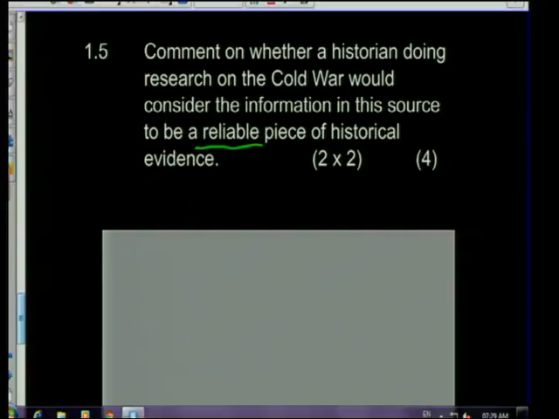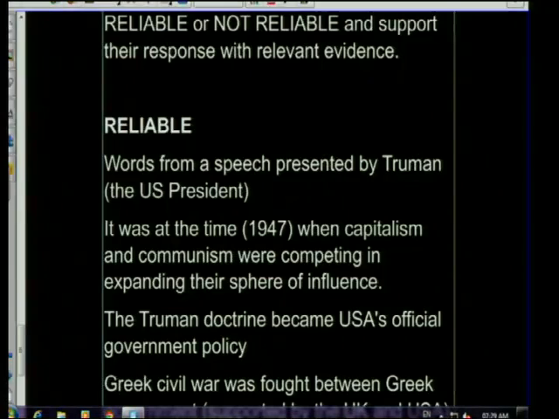When we say is a source useful, that means can it be used to get information about a particular event. But then when you're asking if a source is reliable, then you're asking whether the source can be trusted in terms of, in this case, it says when you're researching the Cold War. So let's look at a possible response here. There are different possibilities here.